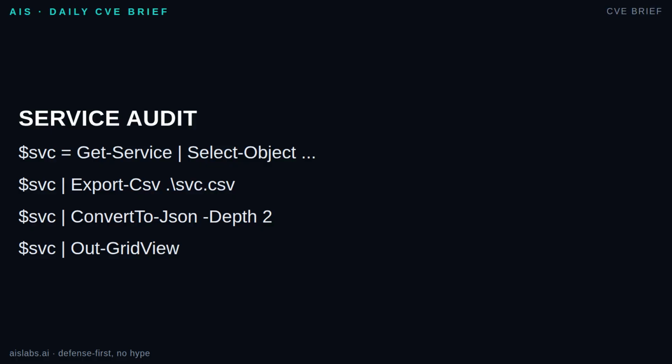Now export records with $svc piped to Export-Csv, NoTypeInformation. If another system wants structured data, pipe $svc to ConvertTo-Json -Depth 2 and Out-File. For human review, use $svc piped to Format-Table Name, Status, StartType, AutoSize. If you have Out-GridView available, $svc piped to Out-GridView is great for eyeballs, sorting, and filtering.